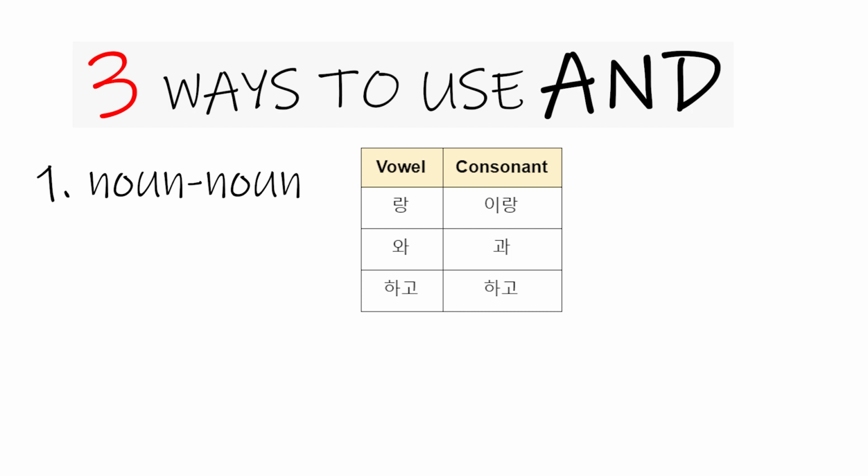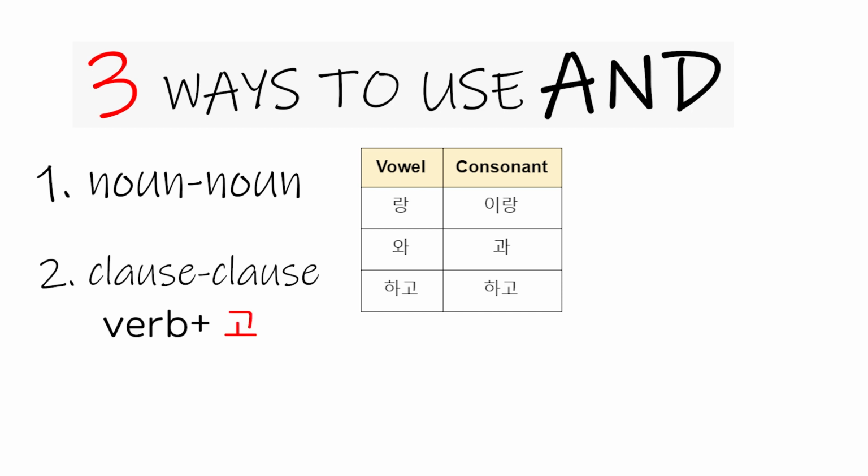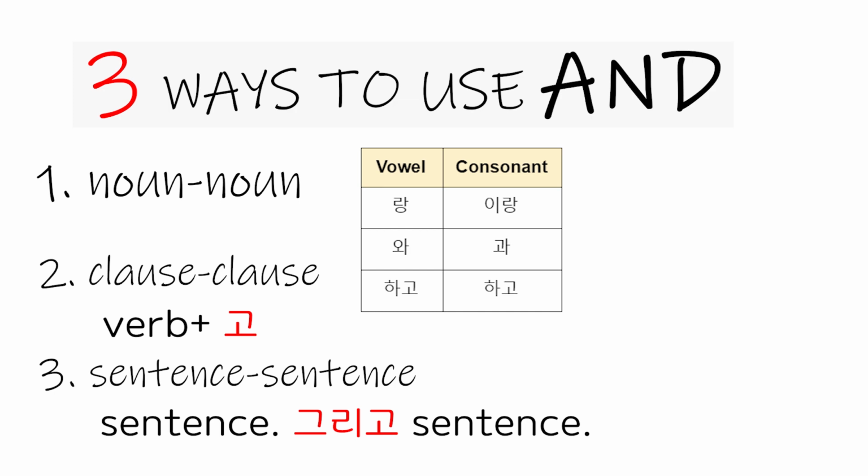If the noun ends with a consonant, you're gonna use 이랑, 과, and 하고. Second category is when you're connecting a verb from clause to clause. You're gonna use verb root plus 고. And third category is when you're connecting a sentence to sentence. You're gonna use 그리고.